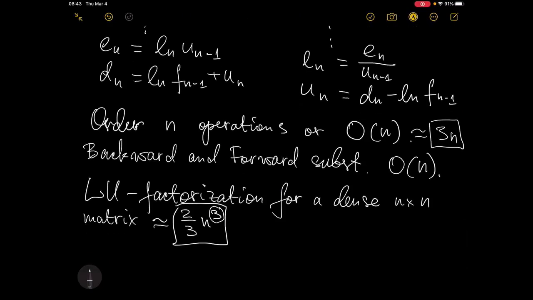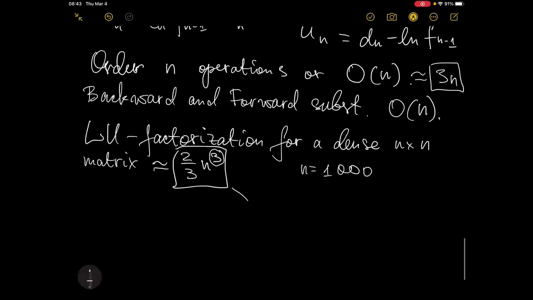So let us consider n equal to 1000. Then here you need 2/3 of 1000, which is 10 to the third, so here 10 to the ninth operations altogether.